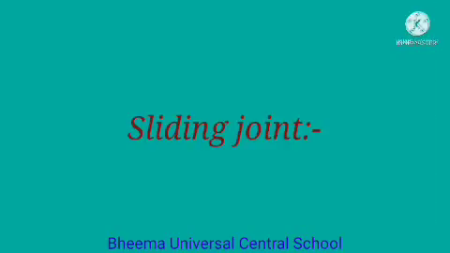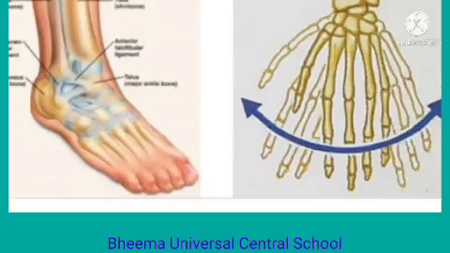Next is the sliding joint. Wrists and ankles have sliding joints where the bones can slide over each other. This allows you to move your hand and foot from side to side as well as backward and forward.